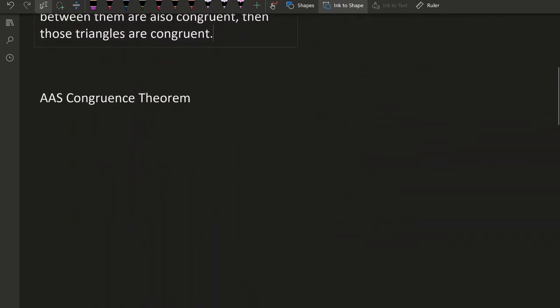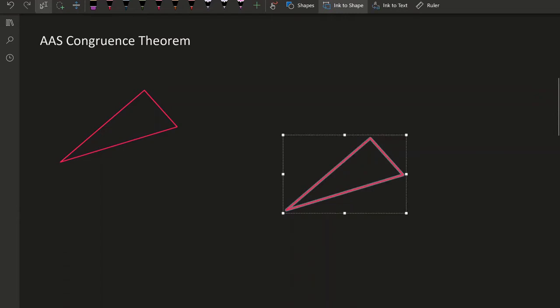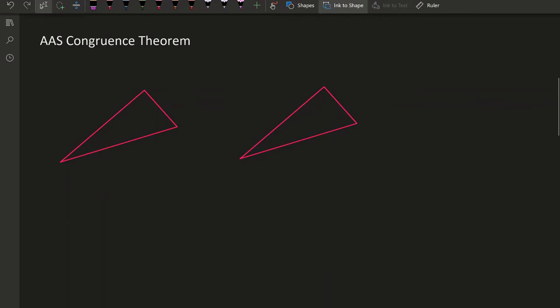Now, in a similar way, we also have the AAS congruence theorem, which works almost in the same exact way. Just label these. We'll say A, B, C, D, E, F. And in this case, what we have is two sets of corresponding angles are congruent.